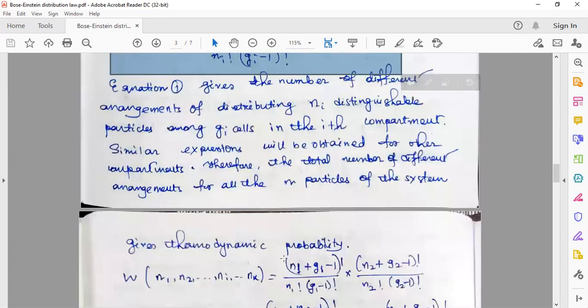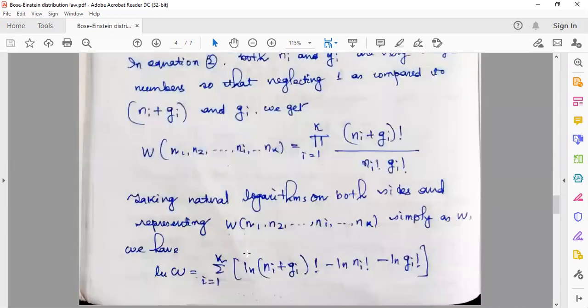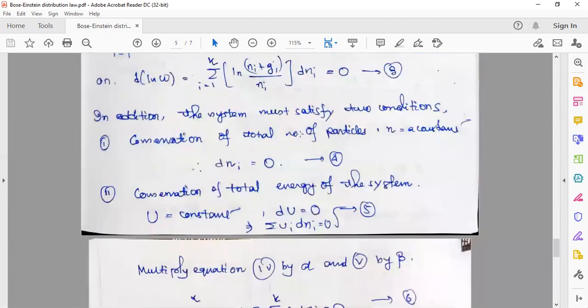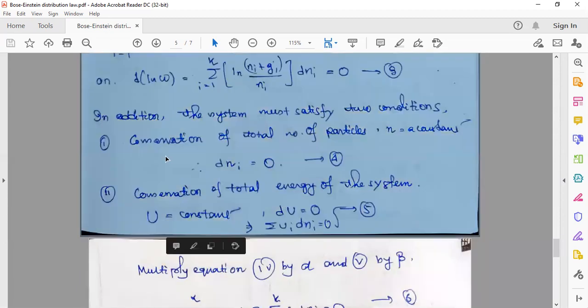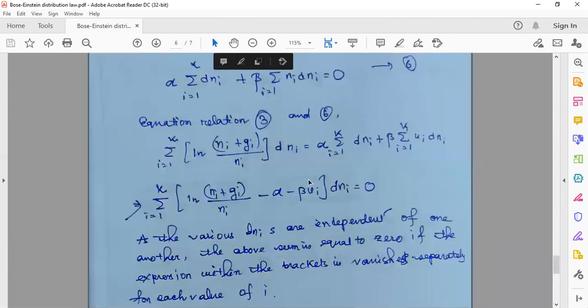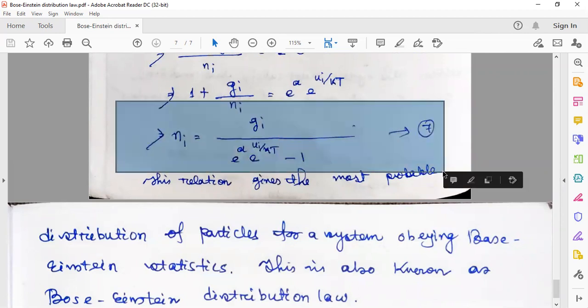From equation 1 to equation 2, for the most probable distribution you have to take the natural logarithm, differentiate, and make it equal to 0, using the number of particle conservation and energy conservation, and some more simple mathematical steps for logarithms and exponentials, and you finally get this particular expression. This note is already available in Google Classroom.